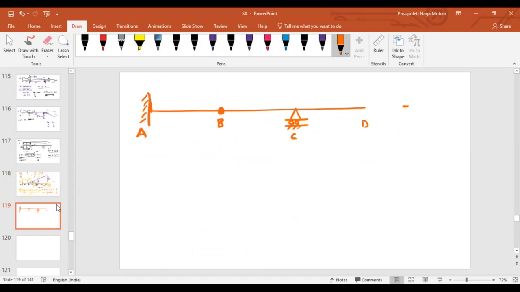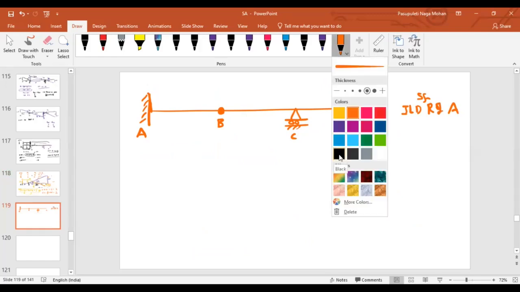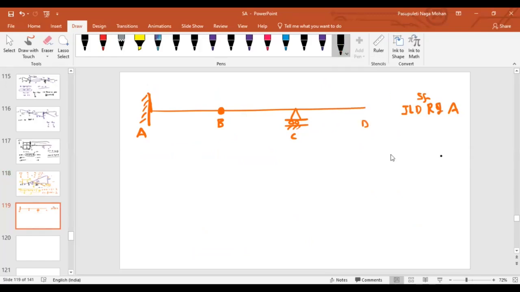Then let us write down the ILD for shear force to the right of point A. I think you guys might have got this. Why? Because which support can I place to the right of A? A vertical shear hinge I can place. I can move this part upward. Take this as 1.